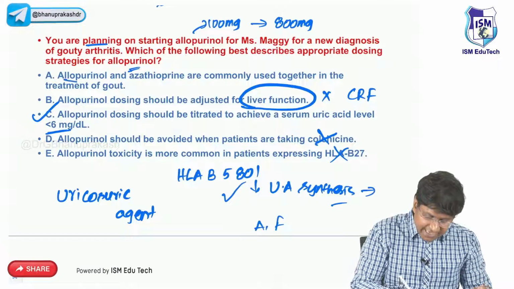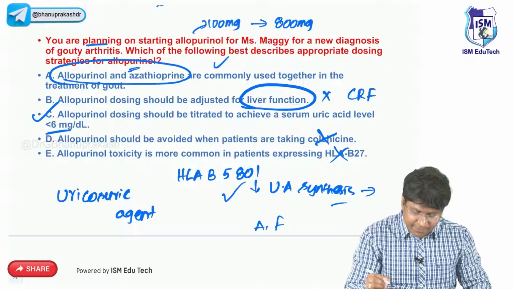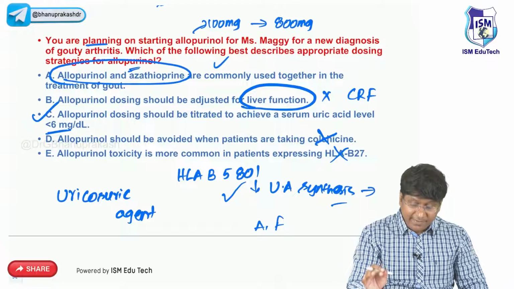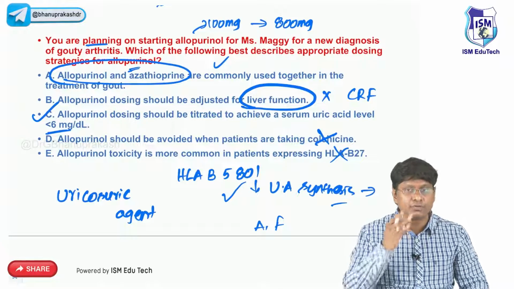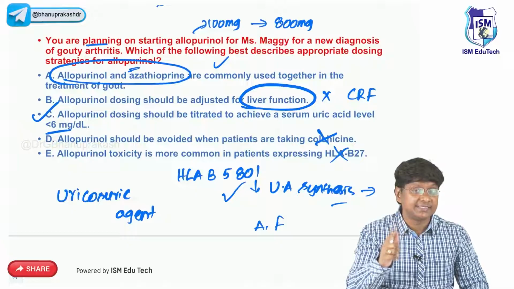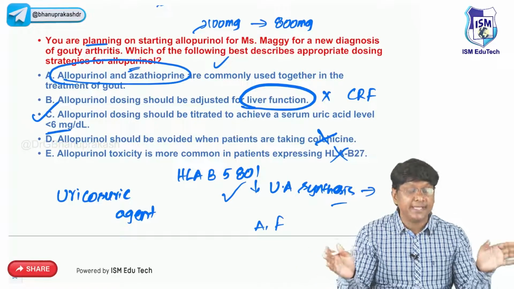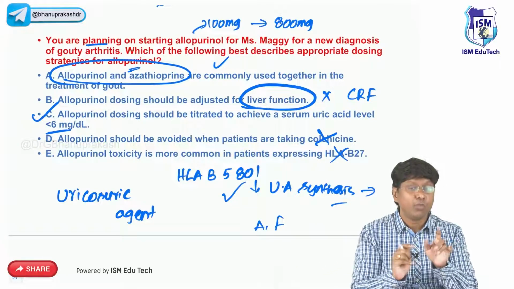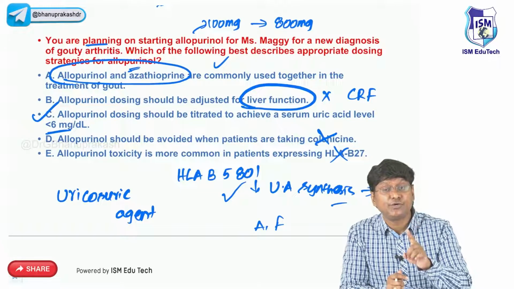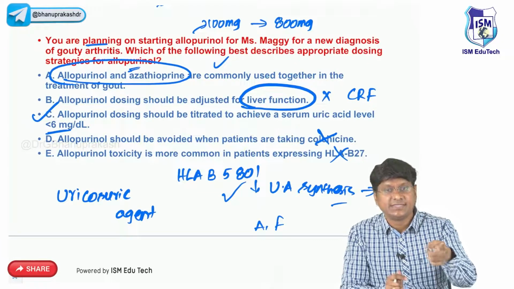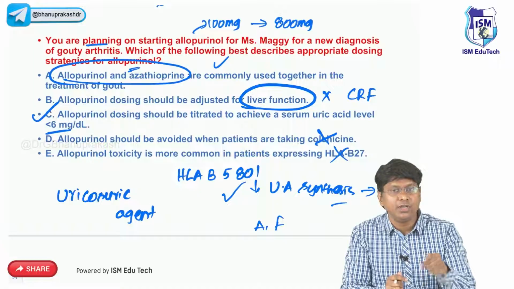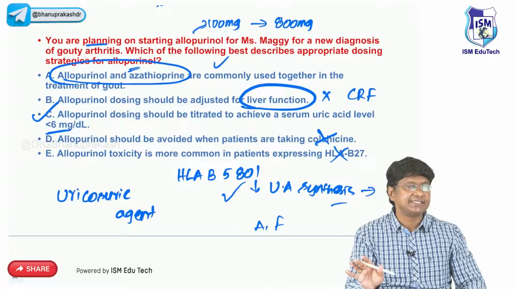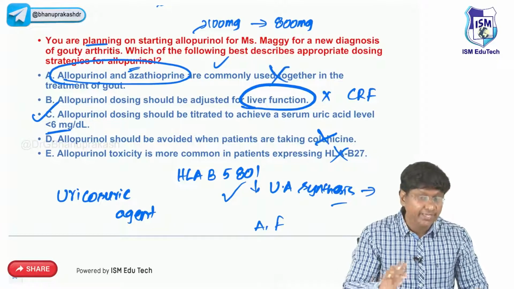And allopurinol and azathioprine are commonly used together in the treatment of gout. Let me tell you, allopurinol and azathioprine should not be co-prescribed. Why? Because azathioprine can increase the blood levels of allopurinol, leading to toxicity. That is the reason why both of these drugs should not be used together.